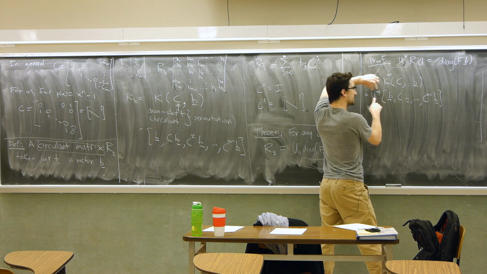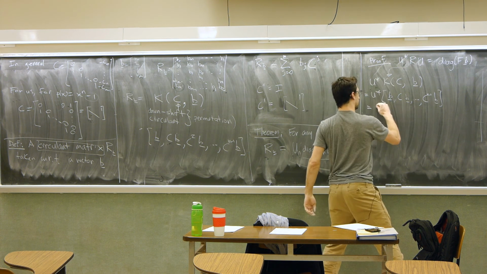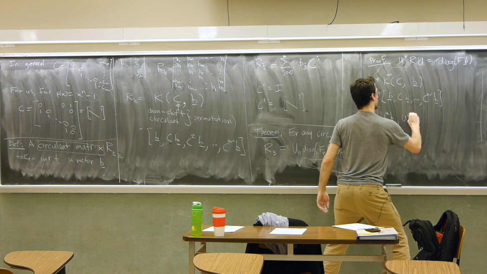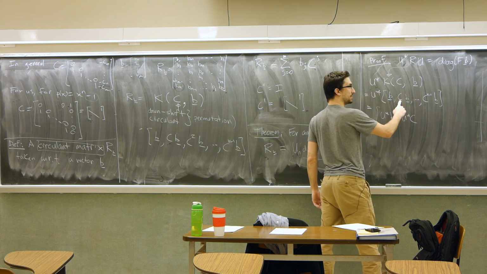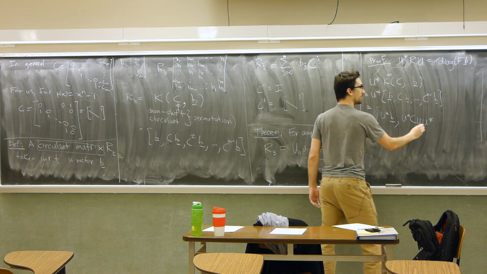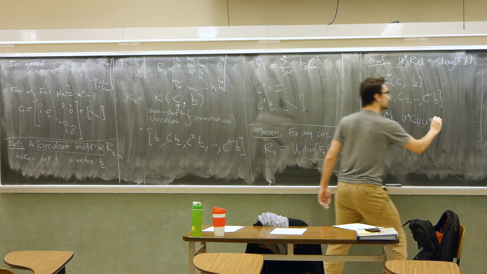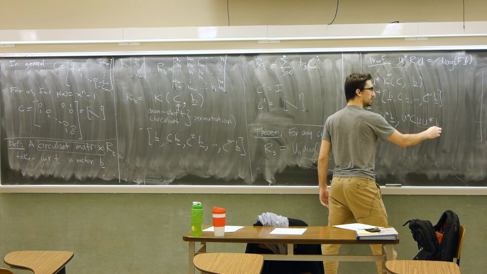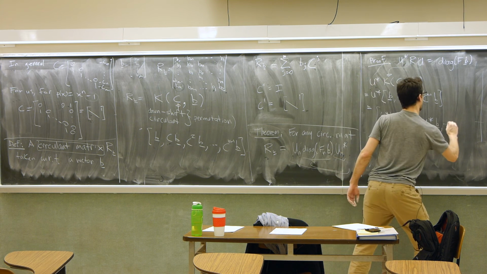Then I'm going to pass this through and multiply it by every vector. And for each of the matrices C, I'm going to insert a nice form of the identity matrix between the different factors of C and between C and B so that things work out in a nice way.